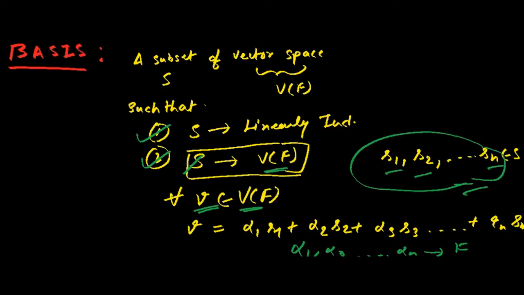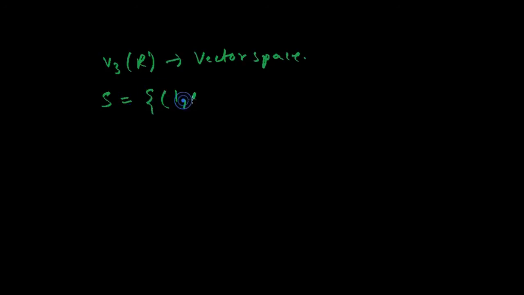Let's take an example. Say V3(R) is our vector space. And we have a subset of V3, S equals (1, 0, 0), (0, 1, 0), (0, 0, 1).